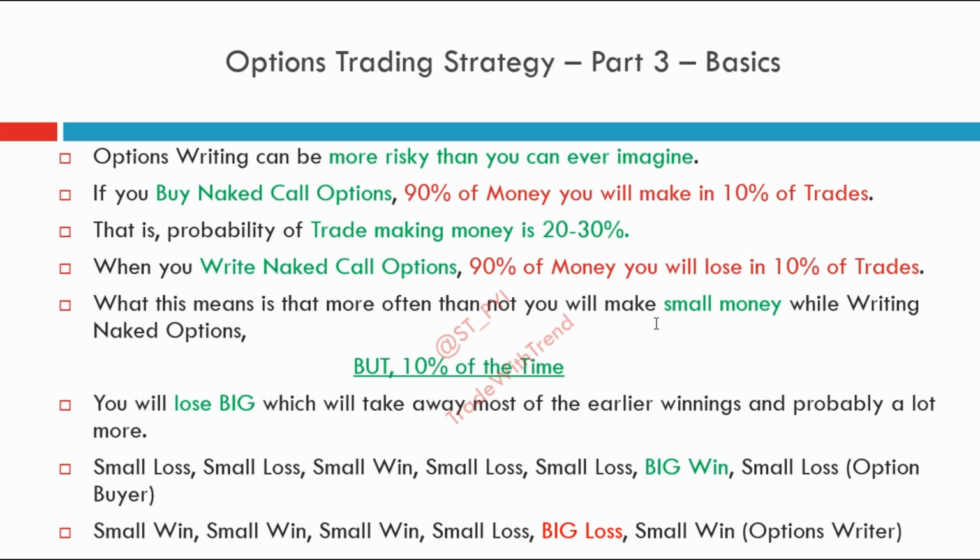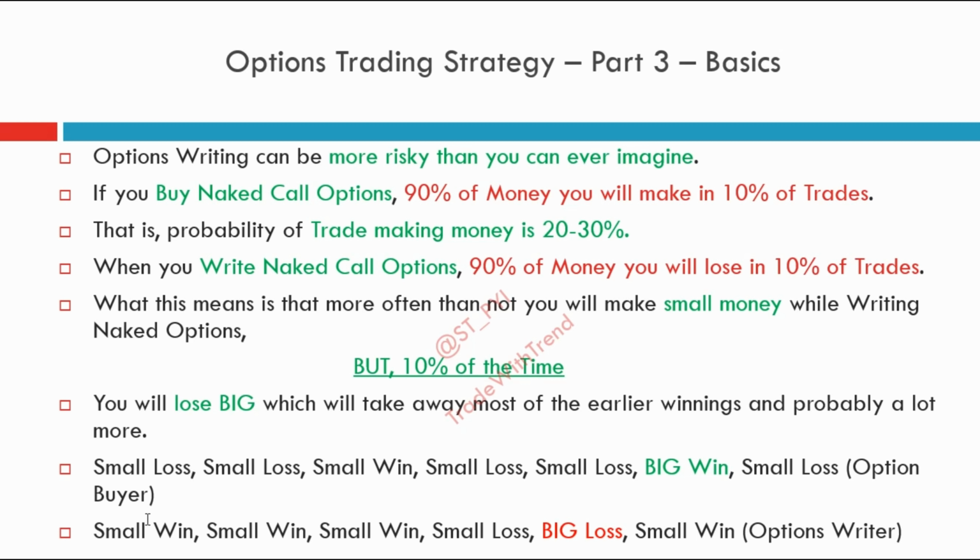So I'll put it this way. Let's assume a trading sequence for an options buyer and options writer. An option buyer would typically make a small loss, again a small loss, then a small win, then a small loss, and so on and so forth. And then there will be this big win that will come because he's an options buyer, and that will cover up for all the small losses that have taken place.